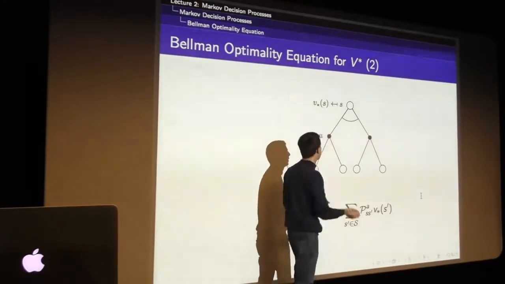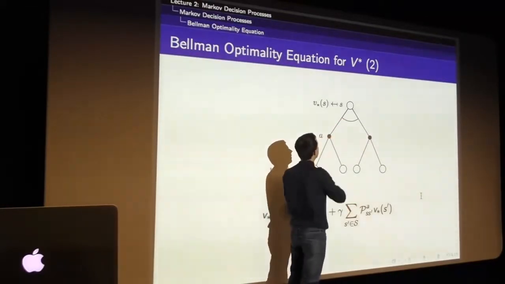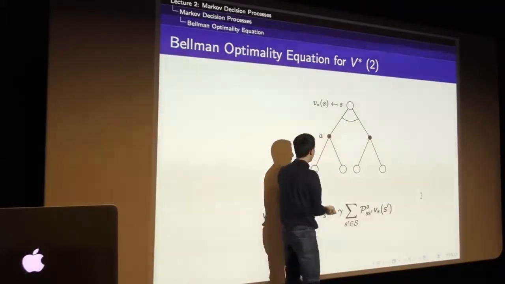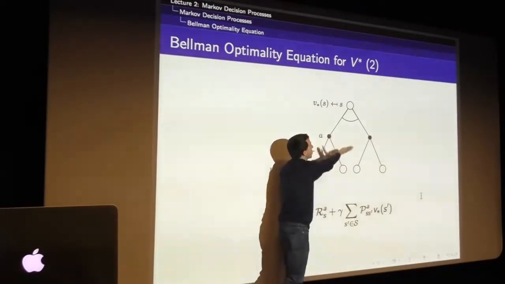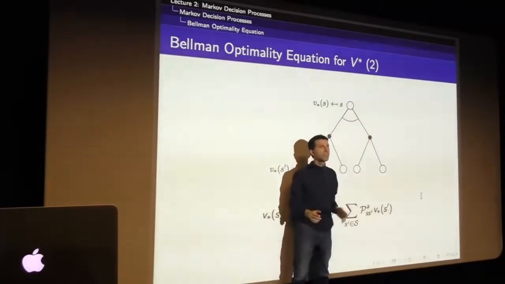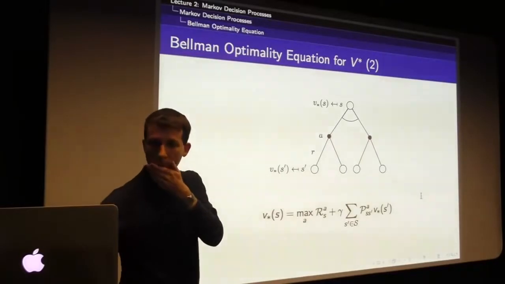We don't control the dice. Instead, we average over them. We do this two-step look ahead over our actions from this state and all the things the environment might do to us, and then we look at the optimal value of where we end up. We back these things all the way up, and that tells us how good it is to be in this state. So that's the Bellman optimality equation for V star.